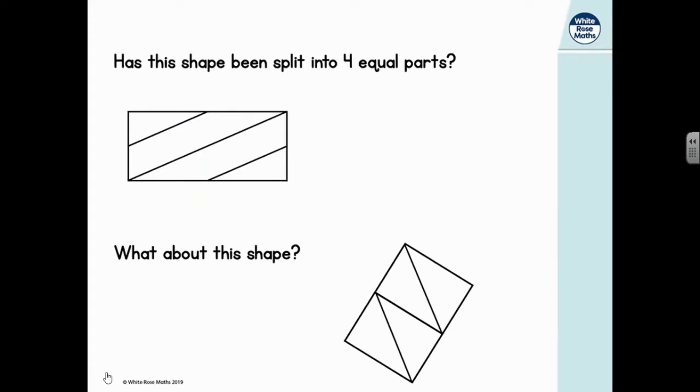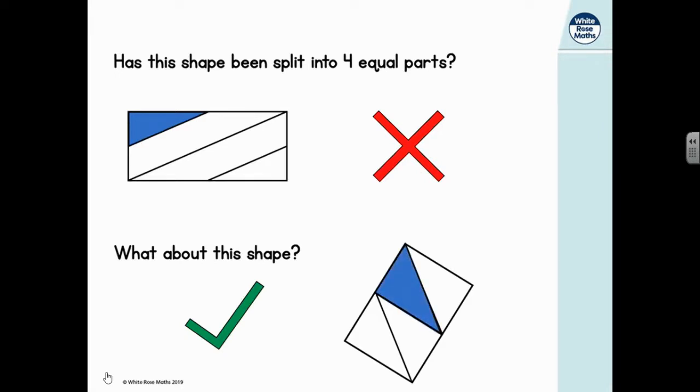Let's have a look at equal parts. Has this shape been split into 4 equal parts? No. This blue shaded part is much smaller than the white part next to it, so it's not equal parts. What about this shape? Oh yes.